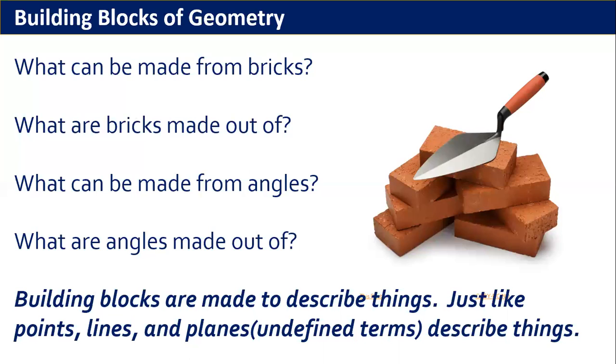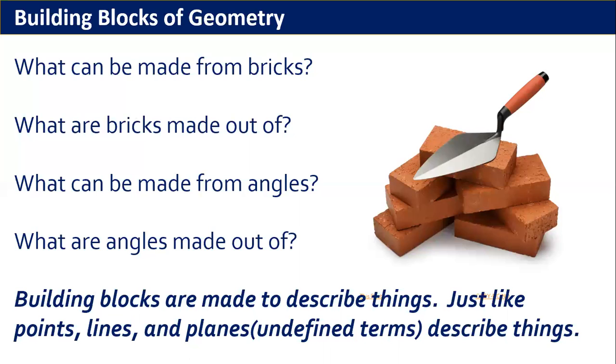So that's why points and lines, and planes too, are called undefined terms, because our angles, our segments, our rays are all parts of lines and are made from points.